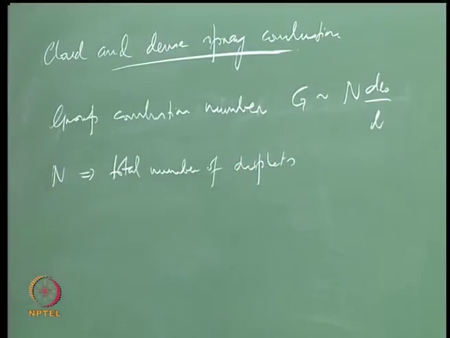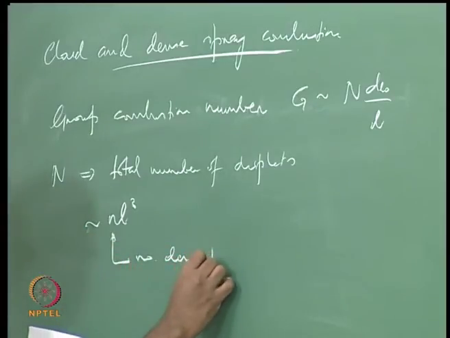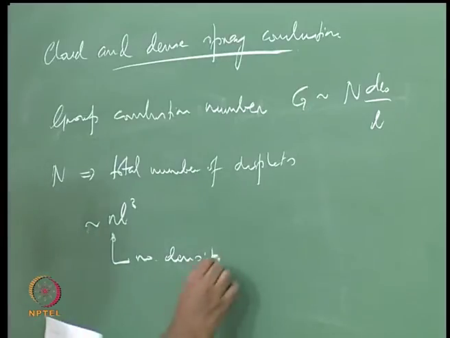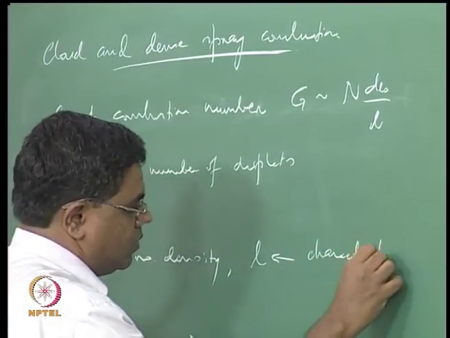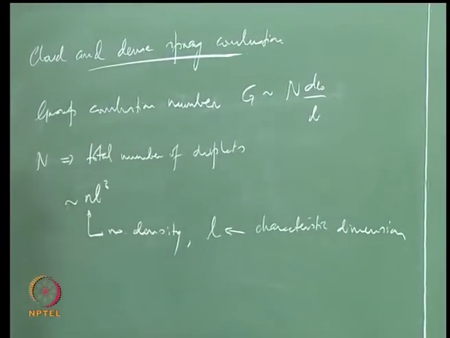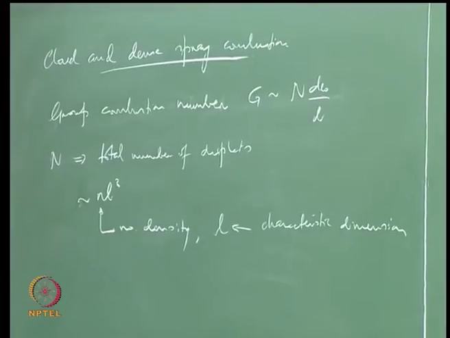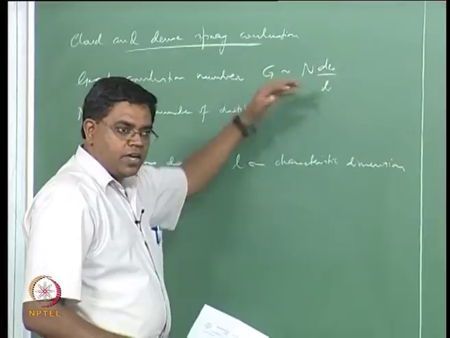That can be written as, I should say goes as, nL cubed, where n is the number density, that means number of droplets per unit volume, and L is the characteristic dimension. So essentially what we are saying is, you have the total number of droplets times the diameter divided by the characteristic dimensions.